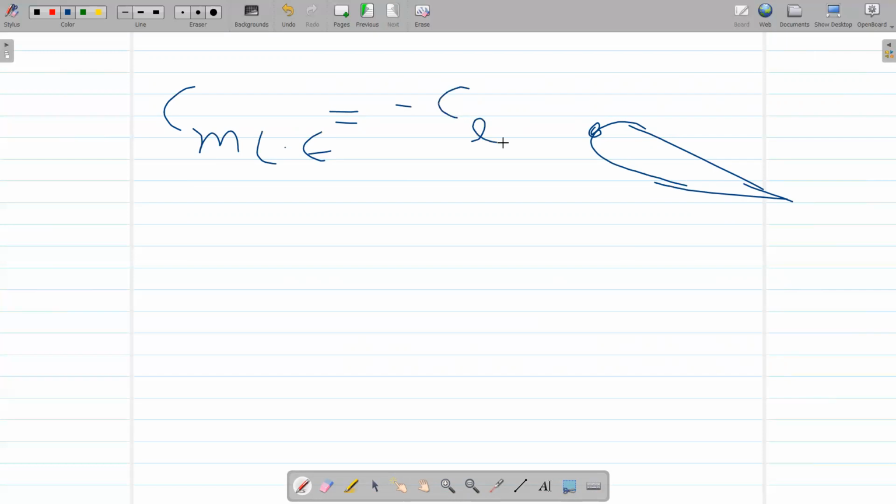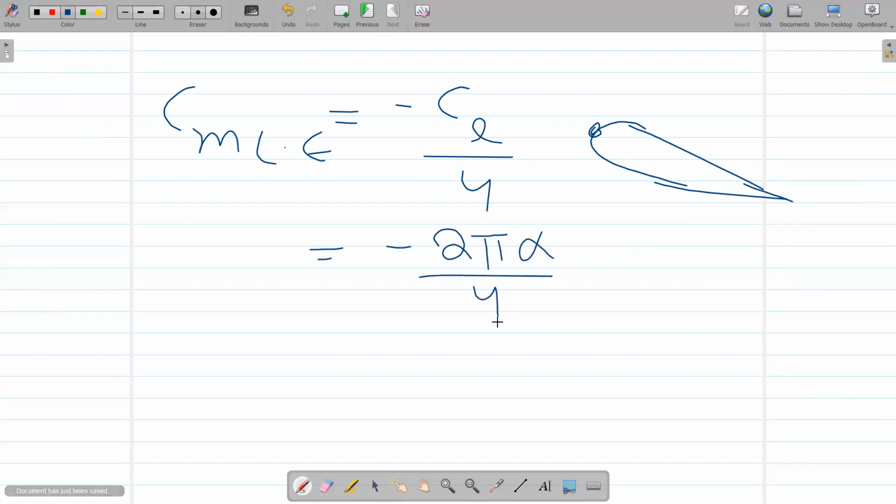From thin airfoil theory concepts, we know that at the leading edge of a symmetric airfoil, the pitching moment coefficient is given by minus C_L by 4, where C_L is the coefficient of lift. So in this case, it will be nothing but minus 2 pi alpha by 4. It's a symmetric airfoil, so there's no zero-lift angle of attack. Alpha is given in degrees, so you need to convert to radians because the 2 pi is in terms of radians.